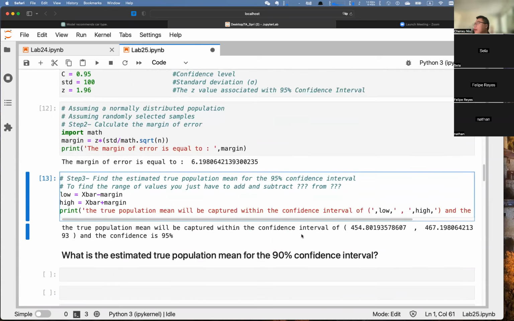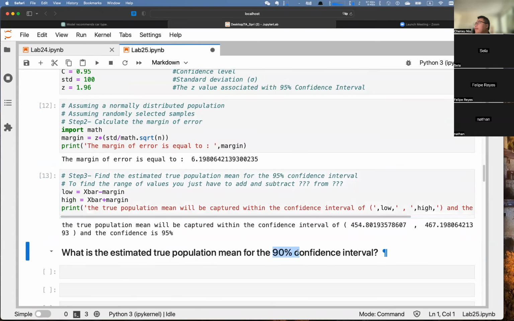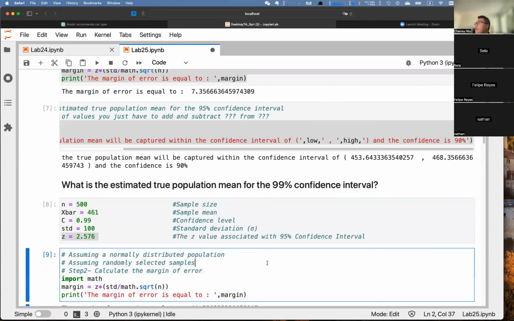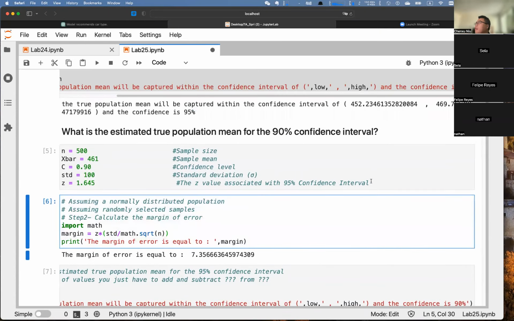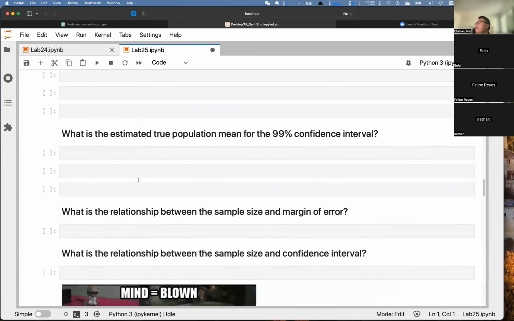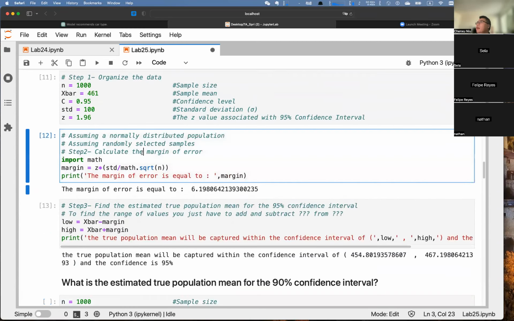All right, next one. You need to compute the 90% confidence interval. So you need to find 90 from here, but compute with this sample size.